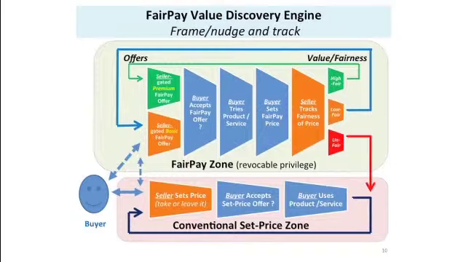You're coexisting with a conventional price zone because there's probably a good baseline, but now you've got this engine that on the right is looking at value and fairness and feeding that back in to make offers. And you're sorting your users based on how they pay and what offers you're going to make them. So you can vary that in a lot of ways, but that's sort of the heart of the process.